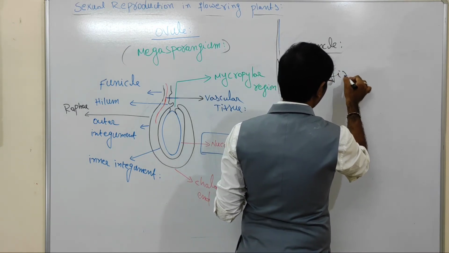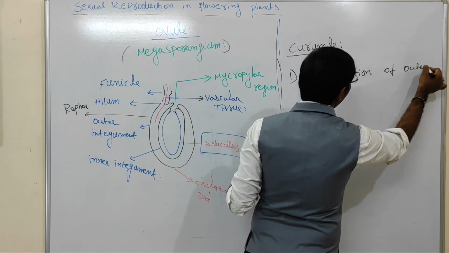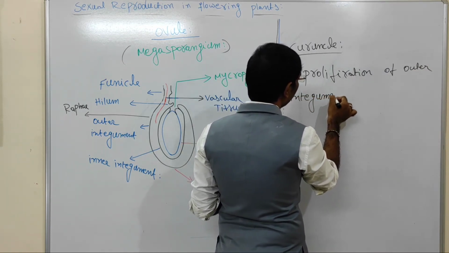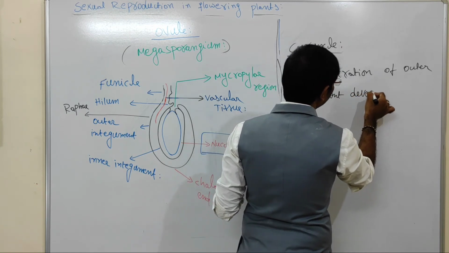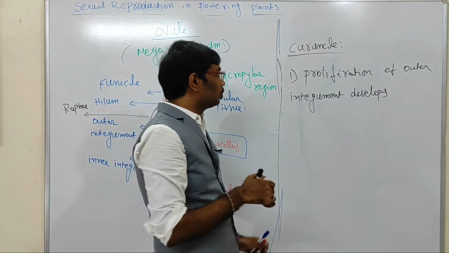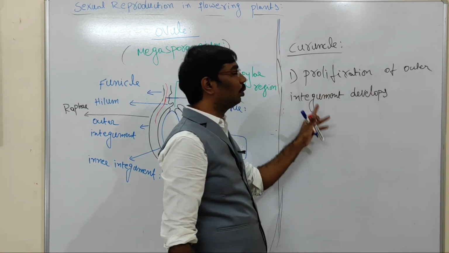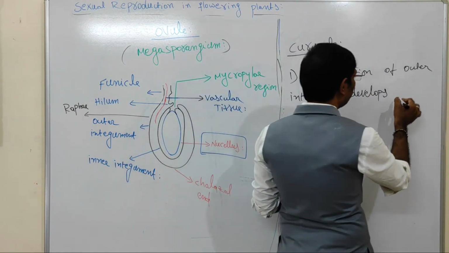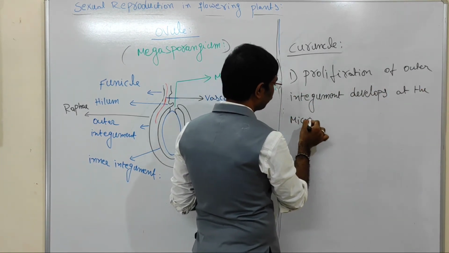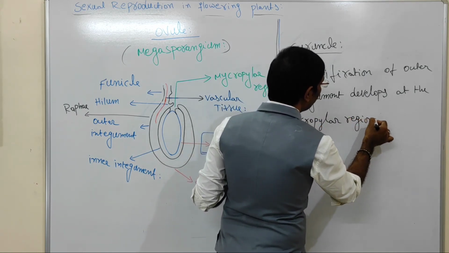The proliferation of the outer integument develops a structure, and that structure is called the caruncle. The caruncle is developed in the micropylar region.